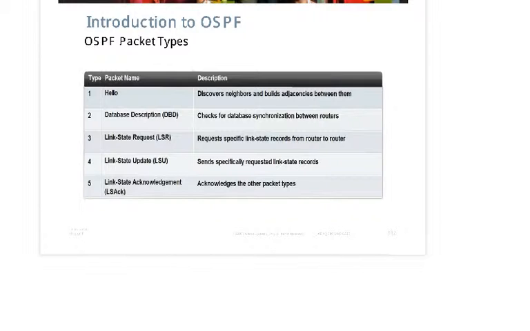So same concept. The database description is used for a router to send its own information to another router, and this router will check whether the link state information in the neighboring router synchronizes with its own link state information.